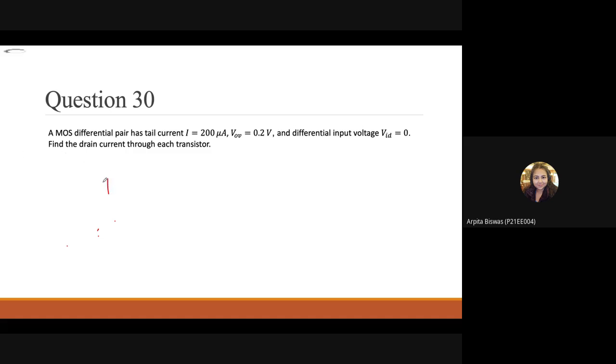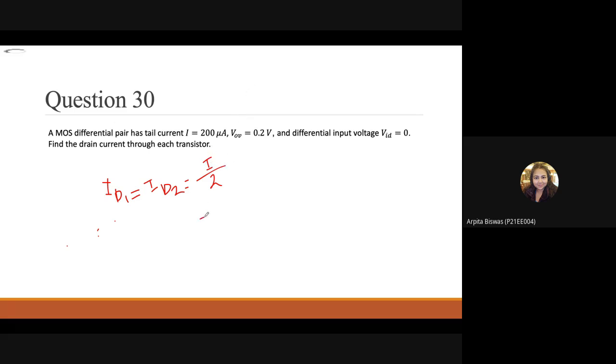So ID1 equals ID2 equals I by 2. Previously, I have shown if Q1 is perfectly matched with Q2 and VB1 equals VB2, the same current flows through both sides, and this is half of the total current.